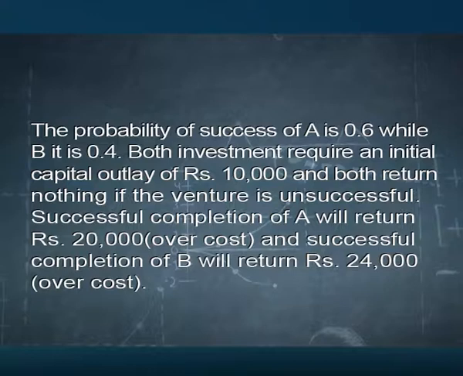Both investments require an initial capital outlay of rupees 10,000 and both return nothing if the venture is unsuccessful. Successful completion of A will return rupees 20,000 over cost and successful completion of B will return rupees 24,000 over cost. Draw an appropriate decision tree and determine the best strategy.